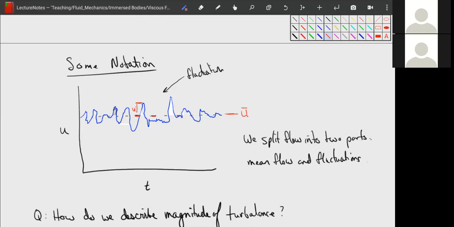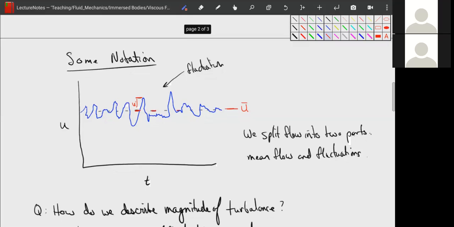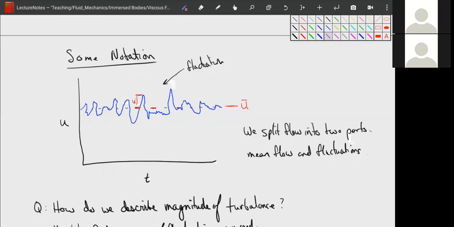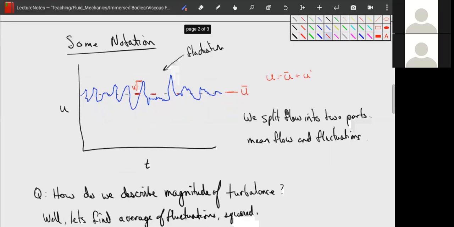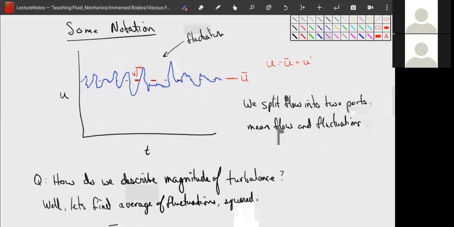So the velocity at any moment, u, is equal to u bar, the average velocity, plus u prime, the fluctuations away from the mean. Okay, once we've described it this way, we can start talking about the magnitude of these fluctuations and what they mean.